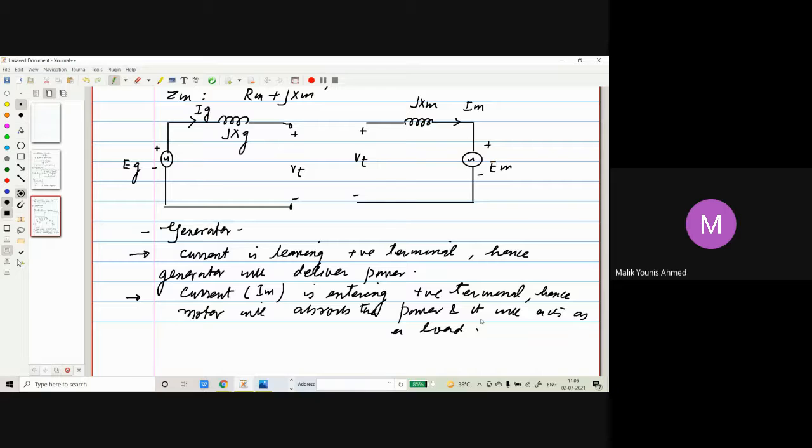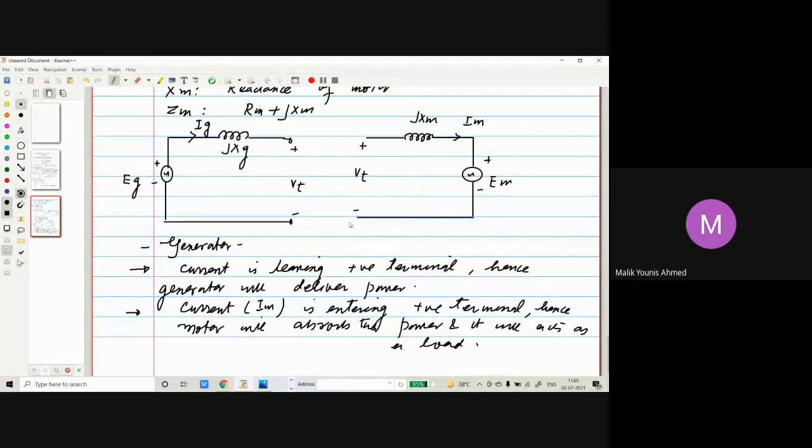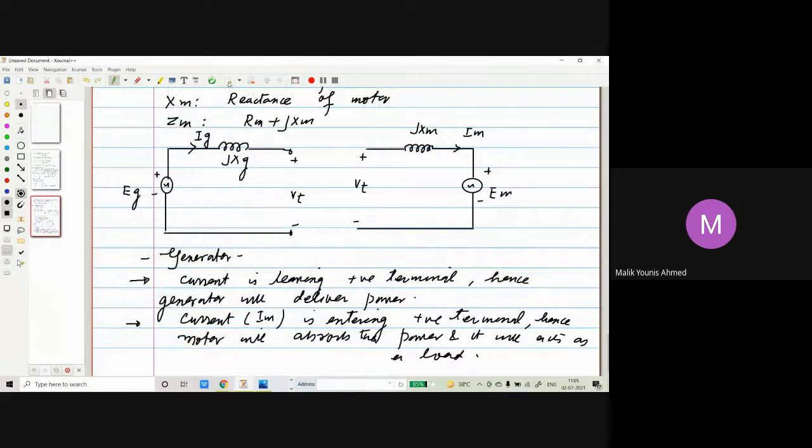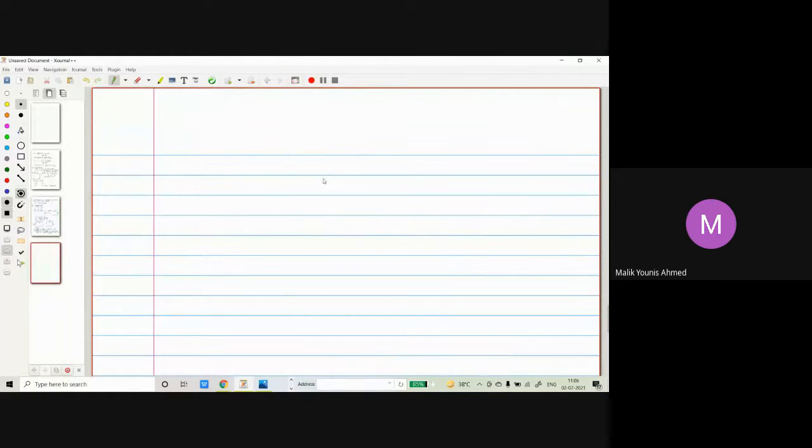Okay. Then last is the induction motor. I will add a page again. Now last is the fifth, induction motor.